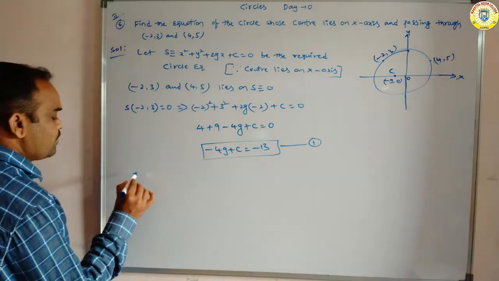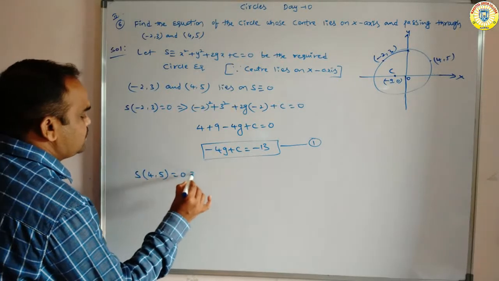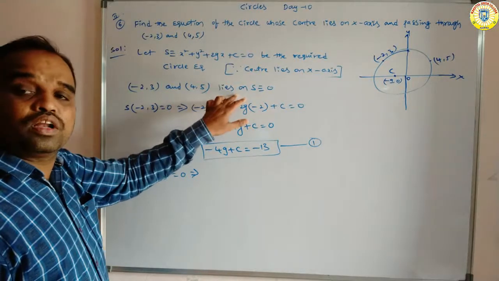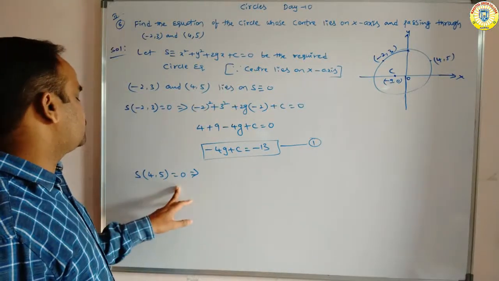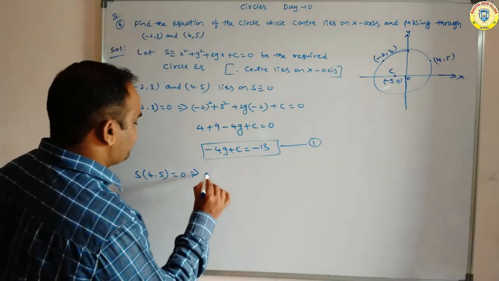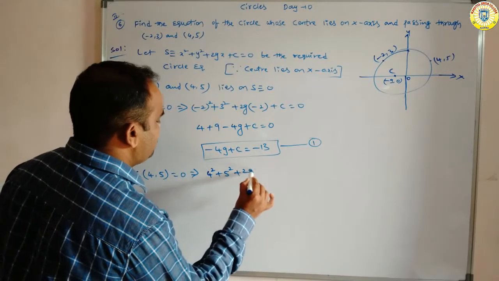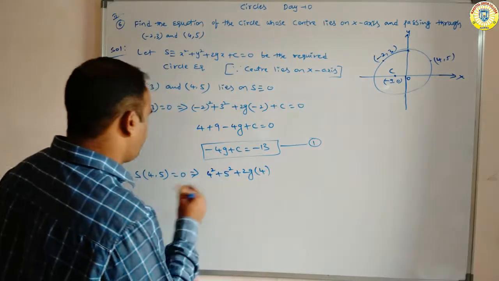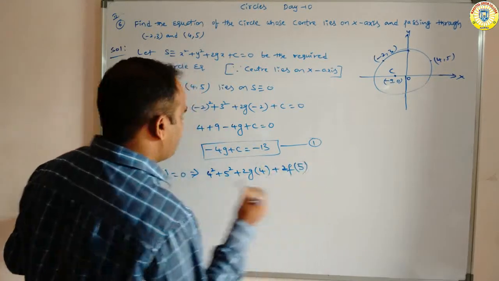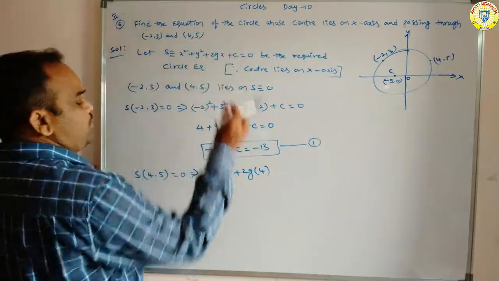Next, S of (4, 5) is equal to 0. This point (4, 5) also lies on S equal to 0. That implies x squared plus y squared is 4 squared plus 5 squared. There is no need for the 2fy term, only x squared plus y squared plus 2gx plus c.